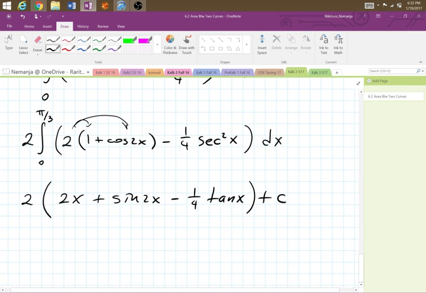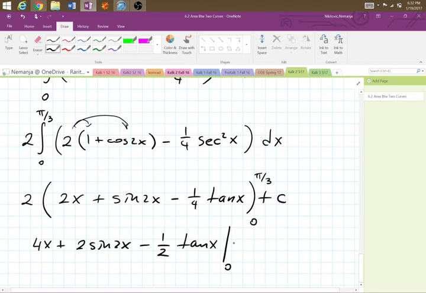Oh, we still have the limits 0 and pi over 3 to worry about. Multiply by 2, we get 4x plus 2 sine 2x minus 1/2 tangent x computed from 0 to pi over 3. There's no plus c because it's a definite integral.